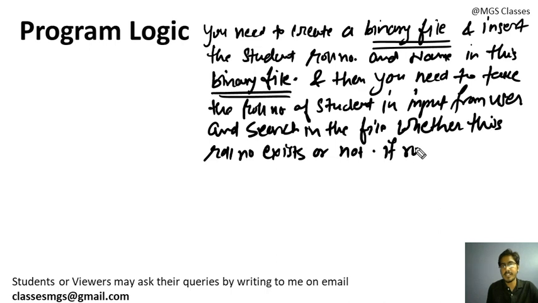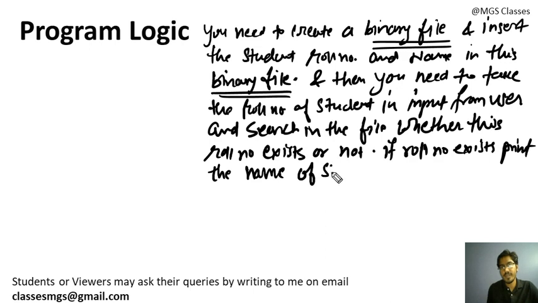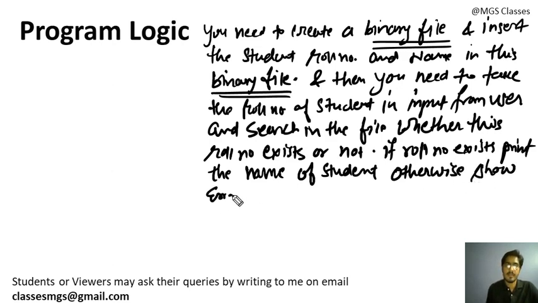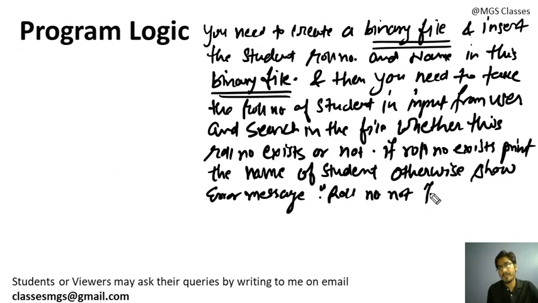If the roll number exists, print the name of the student. Otherwise show an error message like roll number not found. So this is the complete problem actually.